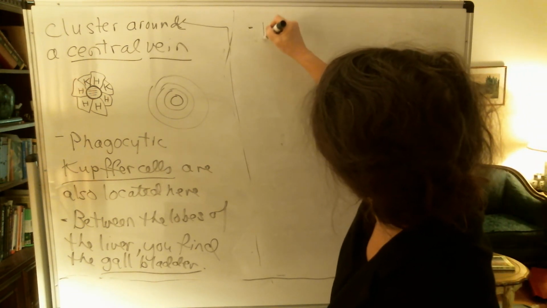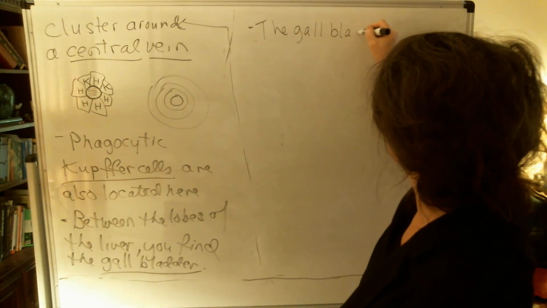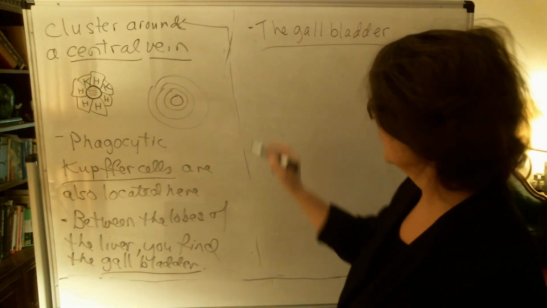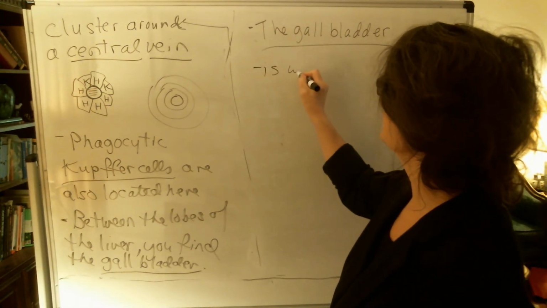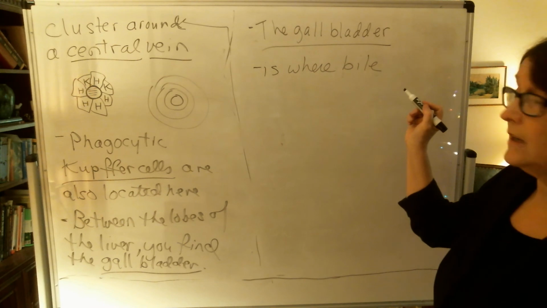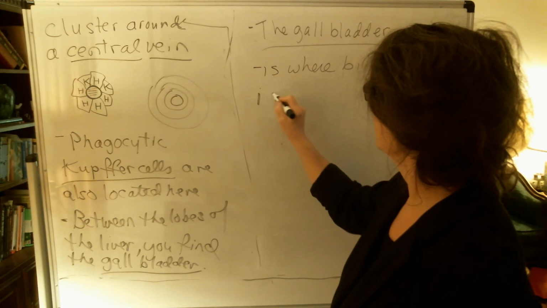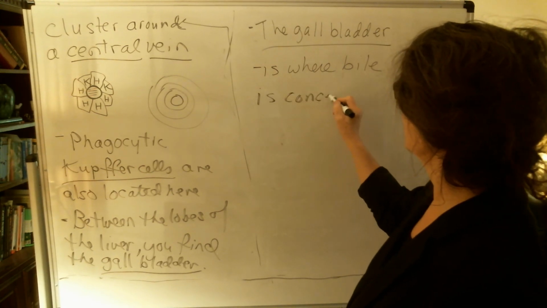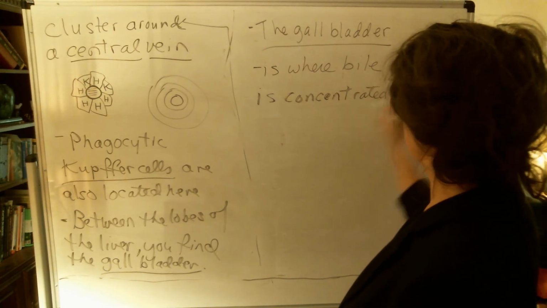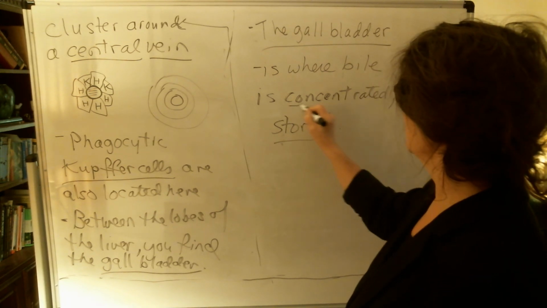And the gallbladder then is where that bile that was created by the liver is both concentrated and stored.